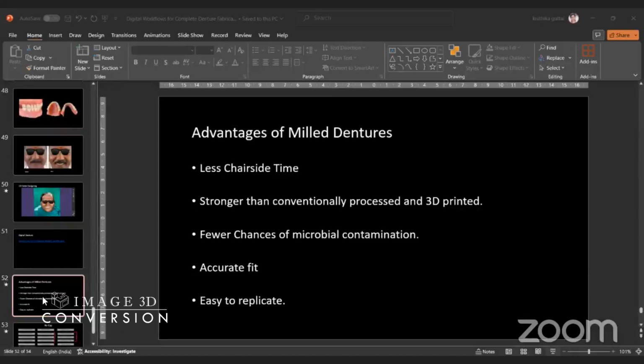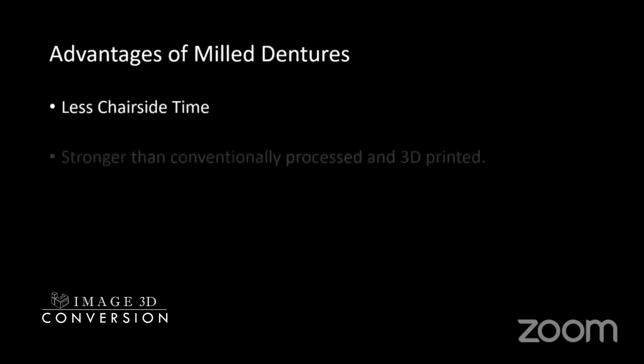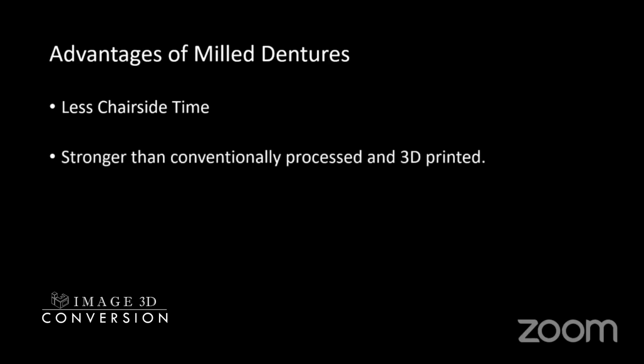I'm just sharing my screen here. So the advantages of mill denture are that it will consume less chair side time, and they are stronger than conventionally processed and 3D printed dentures.